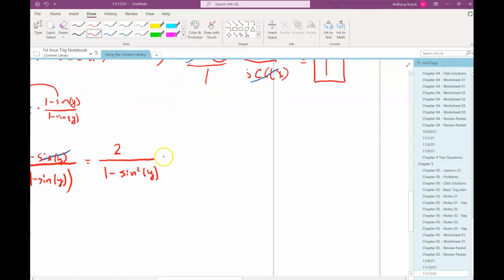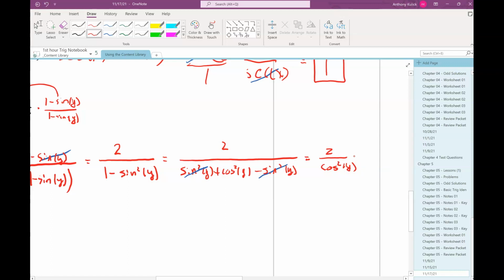Where were we? There we are. So those two can combine, which is great, because now that allowed us to go from having two terms in the denominator to just having one term in the denominator.